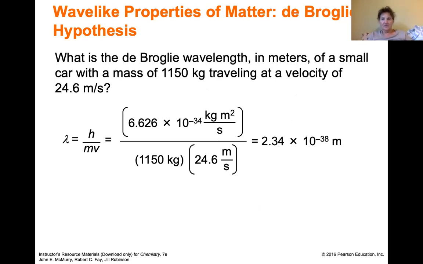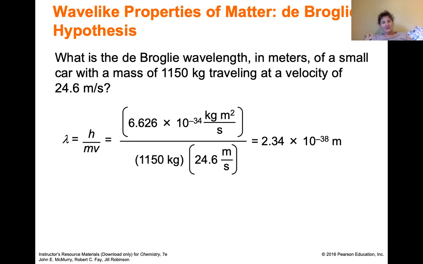So what's the de Broglie wavelength in meters of a car with a mass of 1,150 kilograms, traveling at a velocity of 24.6 meters per second? So you want to realize that Planck's constant has units of joules times seconds. If you look inside of a joule, its real units are kilograms meters squared per second squared.